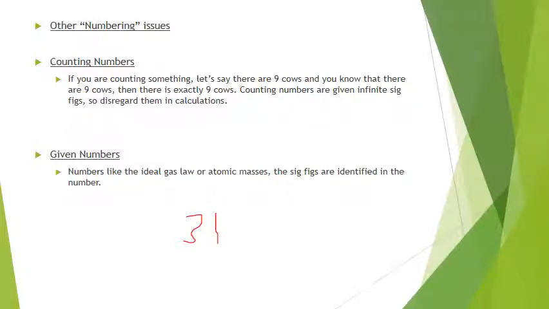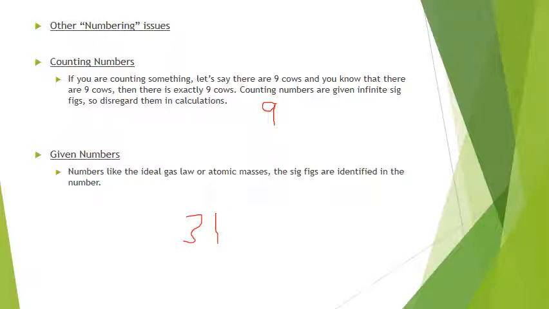But sometimes, if you actually have a number of things like cows, say you have 9 cows and I write down 9, it's going to be exactly 9. There's no imprecision about this number. There are 9 cows. You can't have 9.5 cows. I mean, you could if there was an average, but we're talking about actually counting the cows.